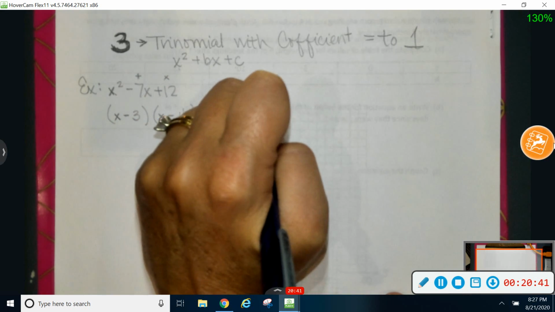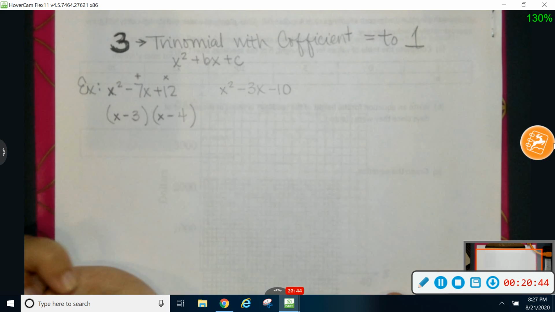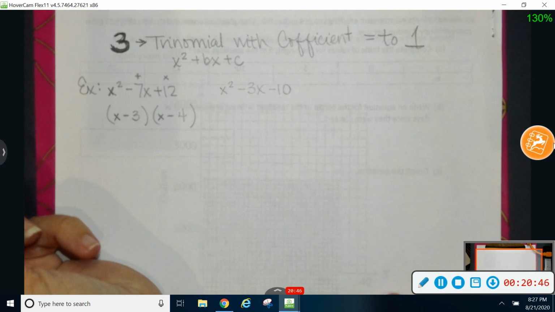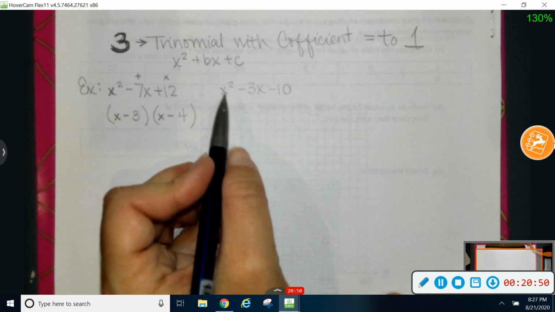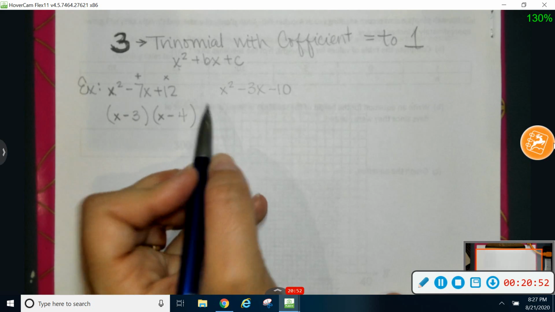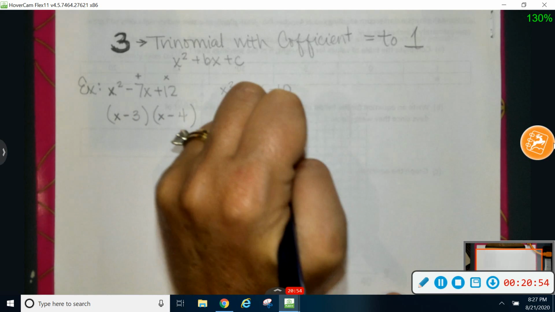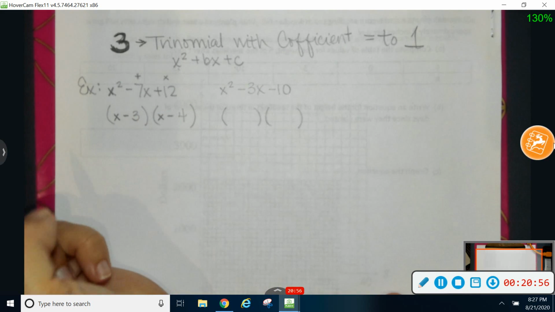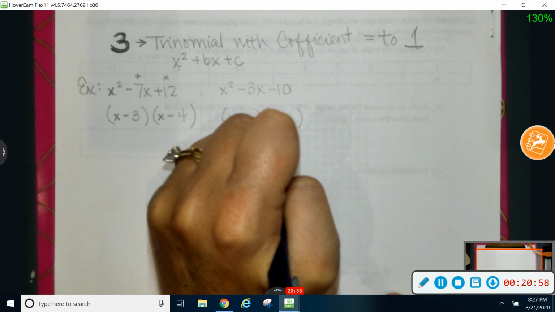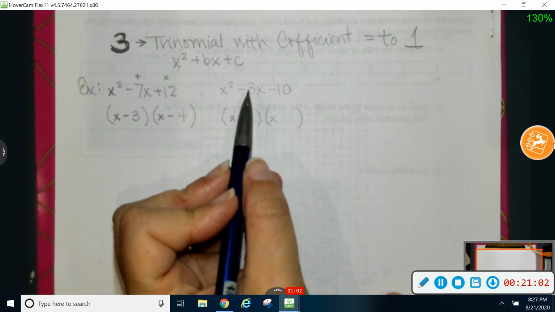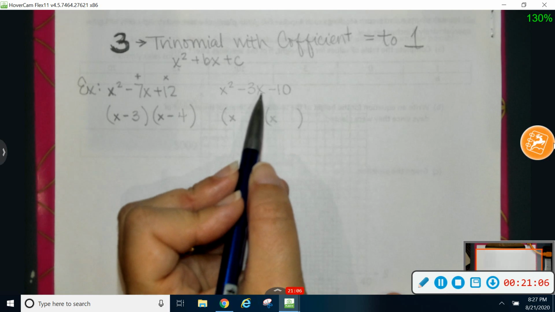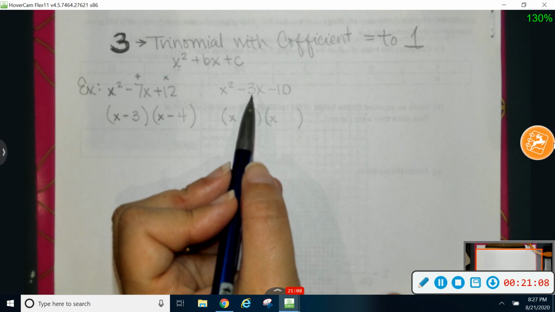What about x squared minus 3x minus 10? No GCF, 3 terms, leading coefficient of 1 in the front. So we're going to undo that FOIL, undo that multiplication. I know I'm going to have x and x. I'm looking for what multiplies to be negative 10, adds to be negative 3.